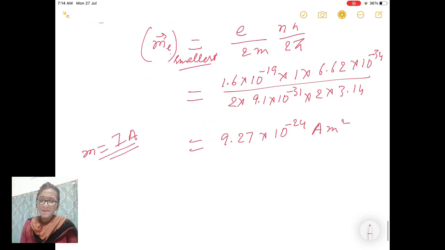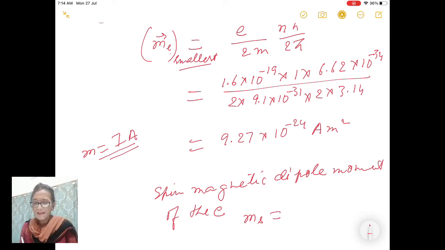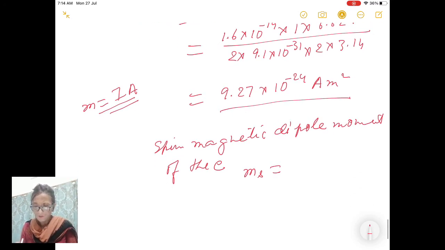And there is one more, the spin magnetic dipole moment of the electron, written as m_s, and it has also the same value, no change, 9.27 into 10 to the power minus 24 ampere meter square.